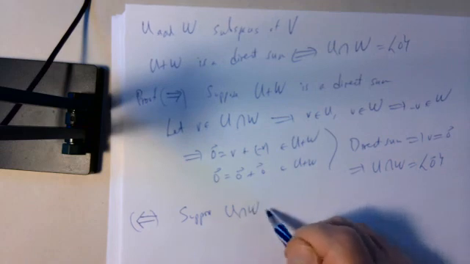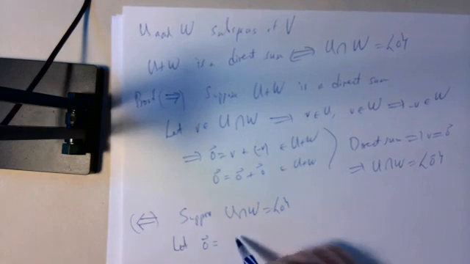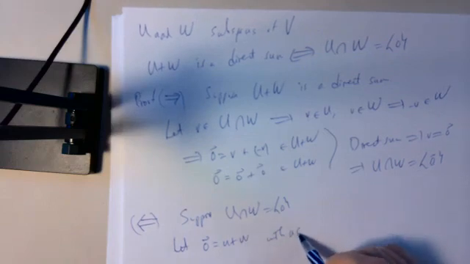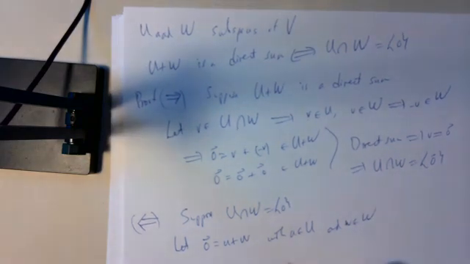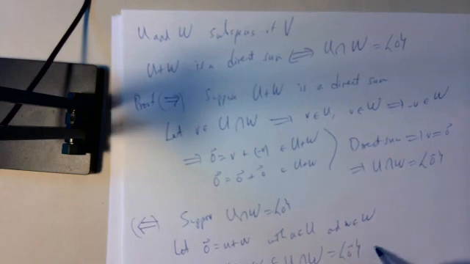Suppose U intersect W is 0. Suppose 0 is u plus w, with u in U and w in W. This means that u is equal to minus w, which is a vector in U and W, which is the 0 vector.